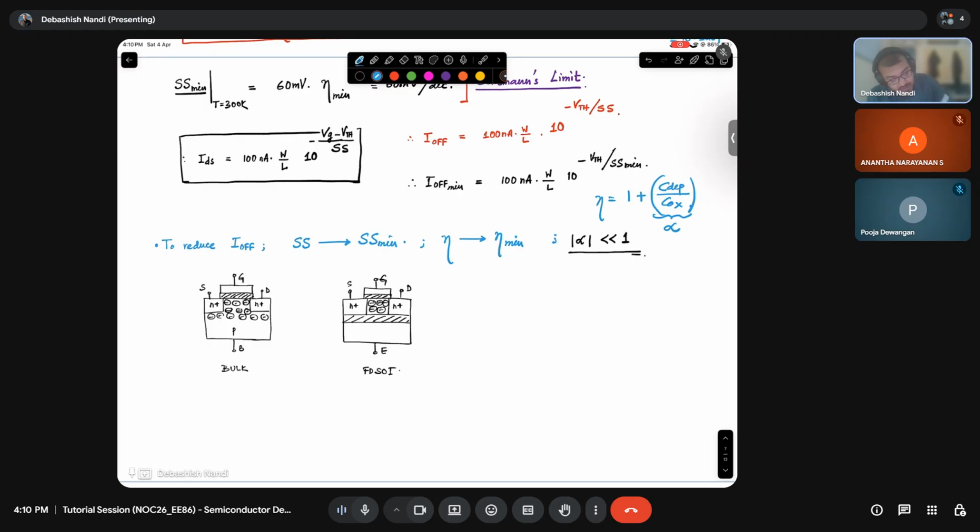So okay, if I draw the capacitor network, it will be C depletion and here C ox. Here gate, this is ground, and this is my channel. Fine. In this case, how will it look like? So this will be ground, this will be gate, this is C ox, this is C depletion, this is C box.